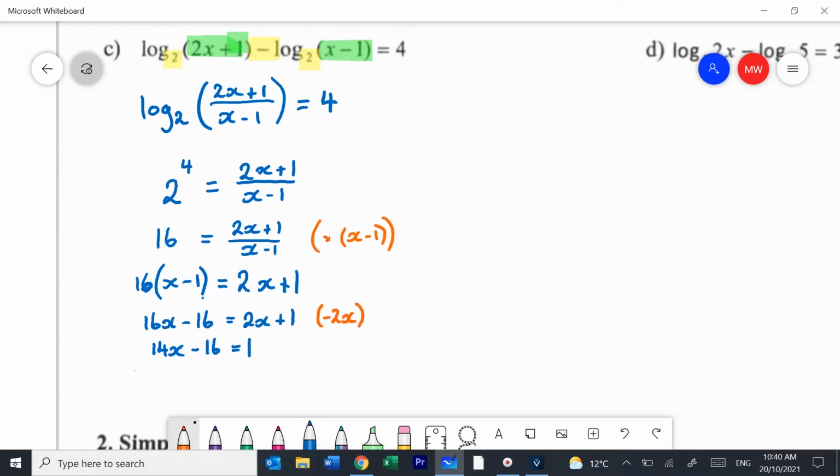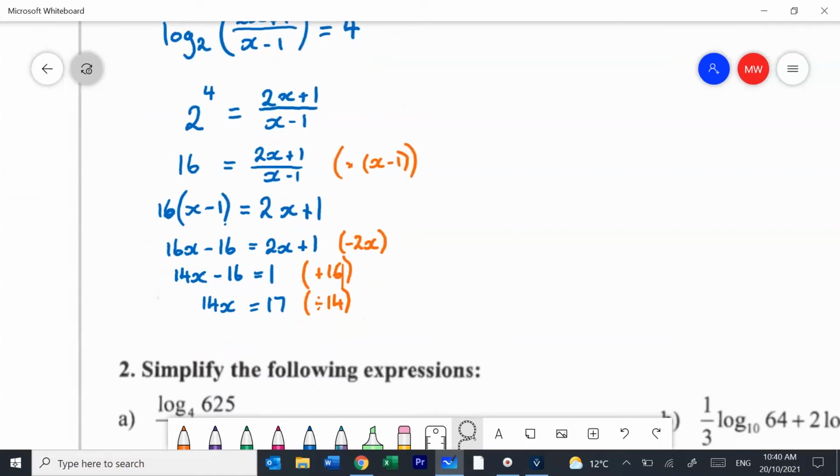Now we'll add 16 to both sides. We'll end up with 14x's on this side, 17 on this side, divide by 14 both sides, and you'll end up with x equaling 17/14.